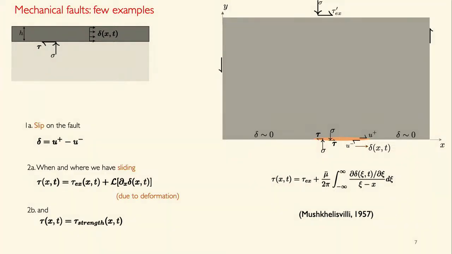So it's a Hilbert transform of the slip gradient, and you see this is a singular integral. Because it's integrated throughout, there is a non-locality involved here. Slip at one point affects the stress at another point, or stress at one point affects the slip.